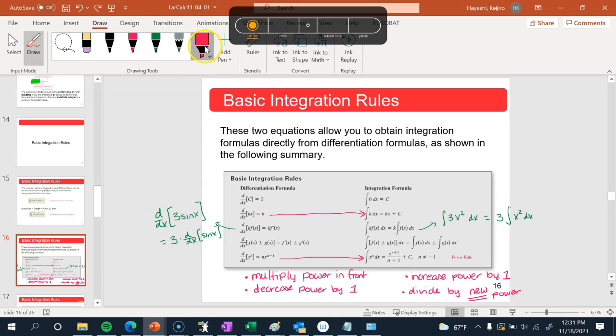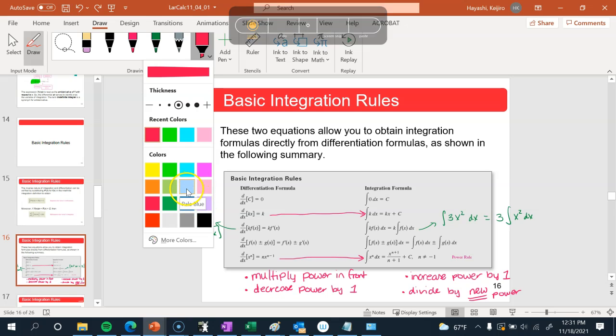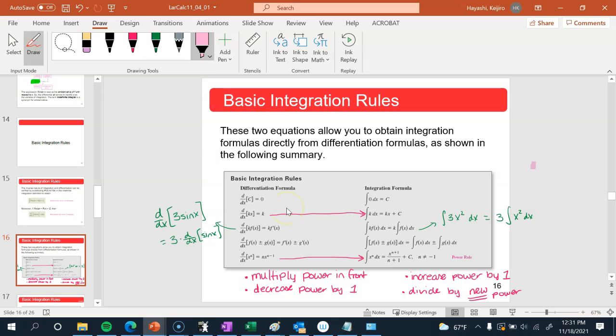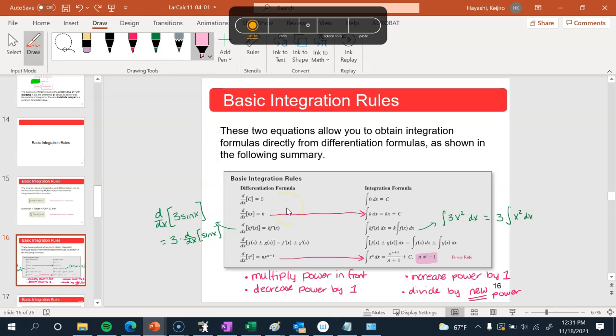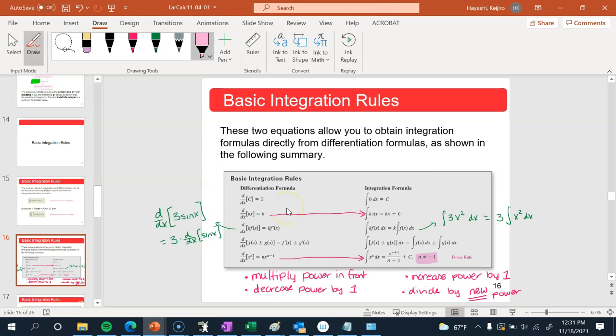There's just one important thing. You can't do this if the power of x you're talking about is negative 1. You can't do it for x to the negative 1, or in other words, 1 over x. Because if you try to do that, you'll add 1 to the power, making x to the 0, and then you'll divide it by that new power, which is 0.